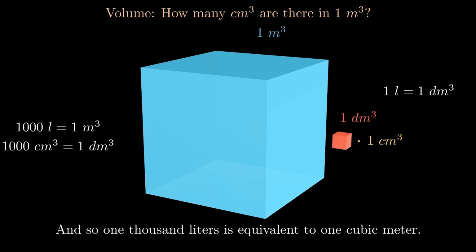So that 1,000 times 1,000, which is 1 million cubic centimeters, they make up 1 cubic meter. Okay, now that is basically the size comparison of meter, centimeter, and decimeters.